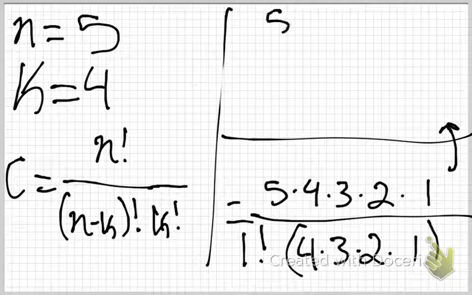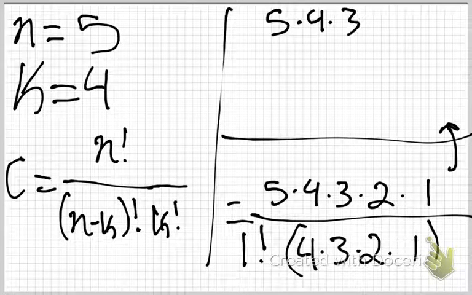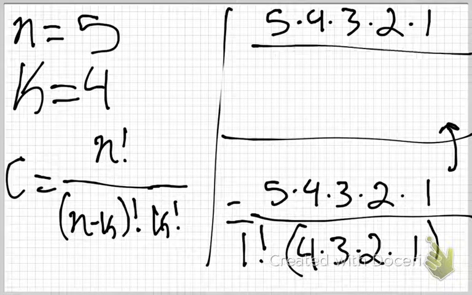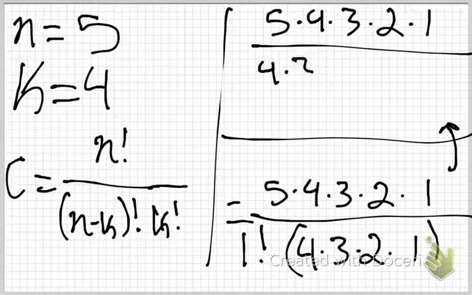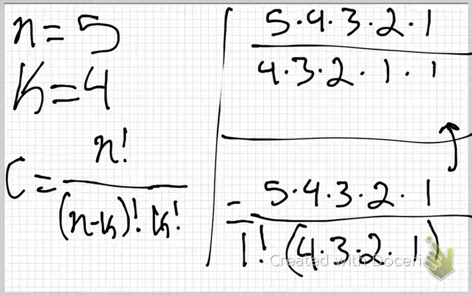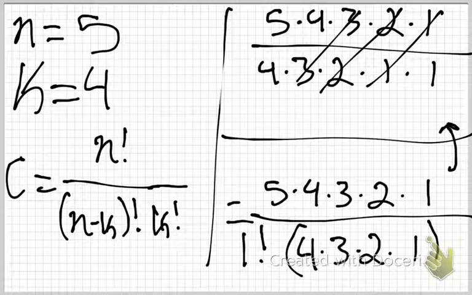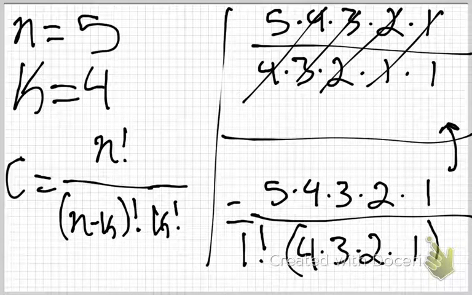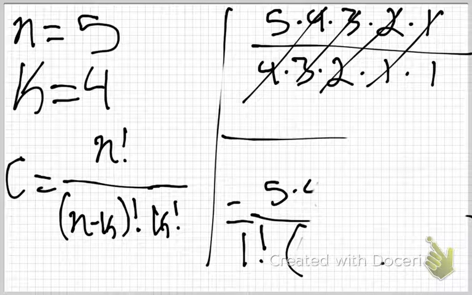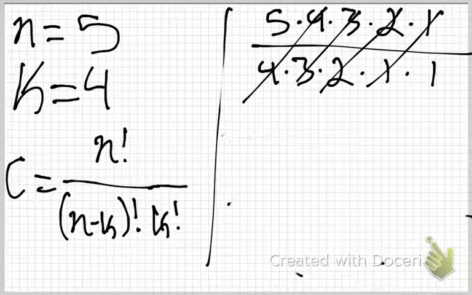So we get 5 times 4 times 3 times 2 times 1 over 4 times 3 times 2 times 1 times 1. That cancels out, that cancels out, that cancels out, that cancels out. All we're left with is 5 over 1. Drum roll please, what is 5 over 1 equal to?